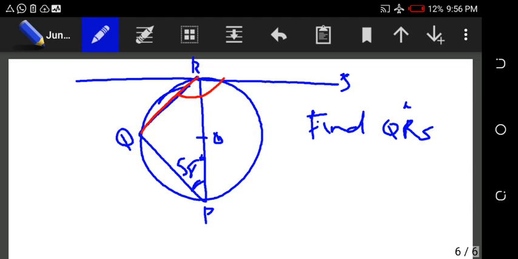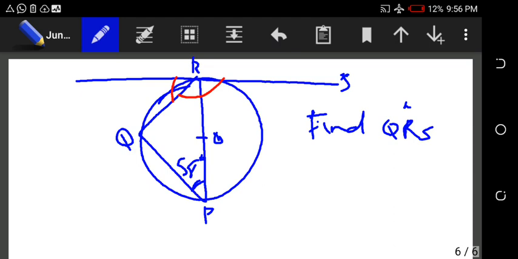Then when you consider this line here, that is a tangent. All right, and that means that there is an angle formed in between them. Whatever angle is formed here, by the theorem we are considering, that angle is equal to the angle made by the chord in the alternate segment.